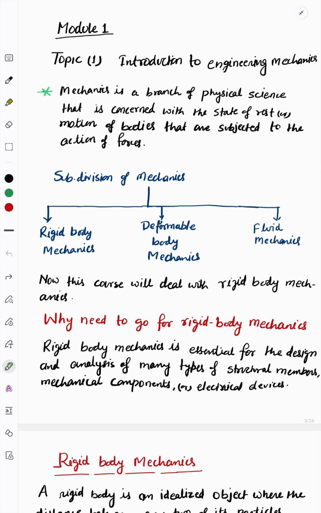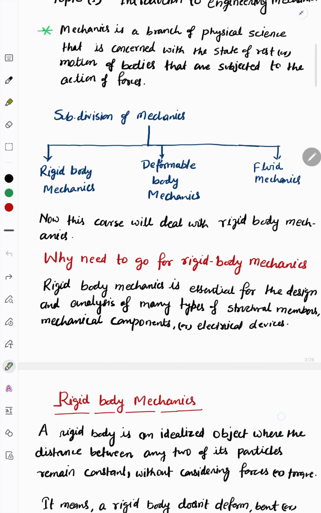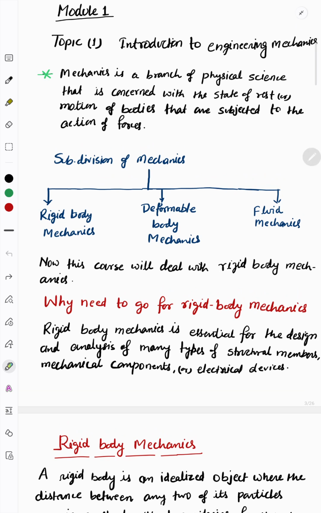That's why it's essential to study rigid body mechanics. This is very important if students are going to study civil, mechanical or aeronautical engineering. Basic knowledge should be there for all students, so they can understand what mechanisms happen in any structures, any structural members.